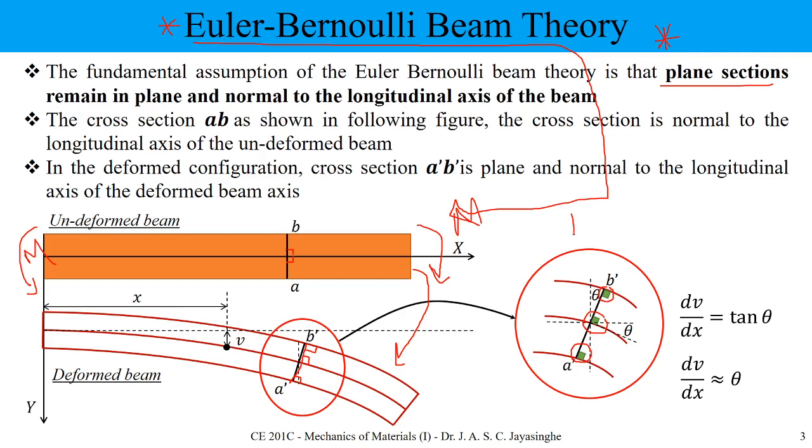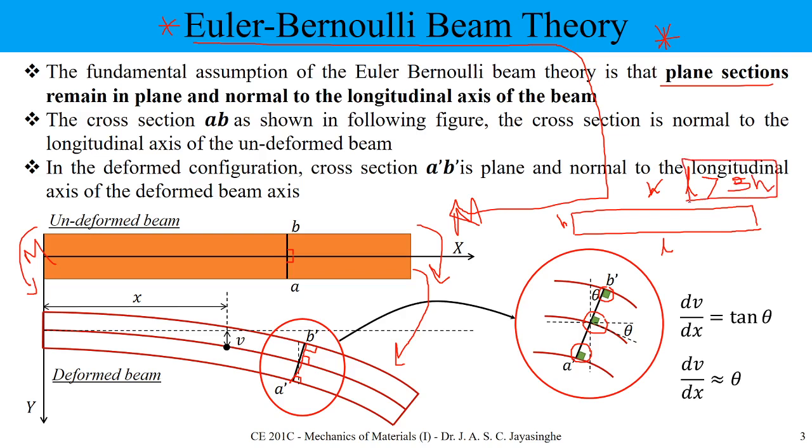So an Euler-Bernoulli beam means it's a slender beam. So think about the length, I will put this length L and this is H. L should be greater than at least 3 times, actually I put at least 5 times H, at least this much.